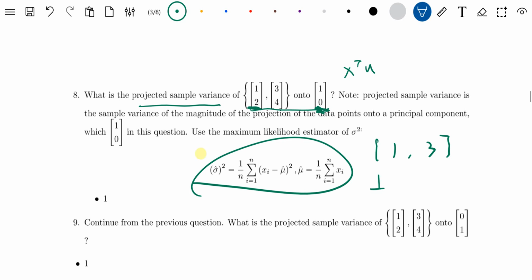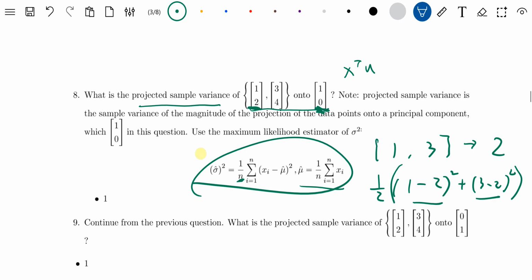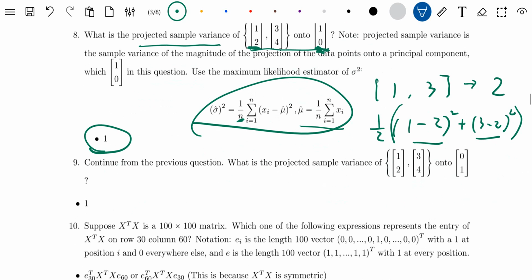And this n is 2, there are two numbers, and sum up all of them. 1 minus mu, where mu is the average, so the average of these two is not 1.5, it's 2. So 1 minus 2 squared plus 3 minus 2 squared. So this is 1 plus 1, 2. 2 divided by 2 is 1, so that's why the answer is 1.